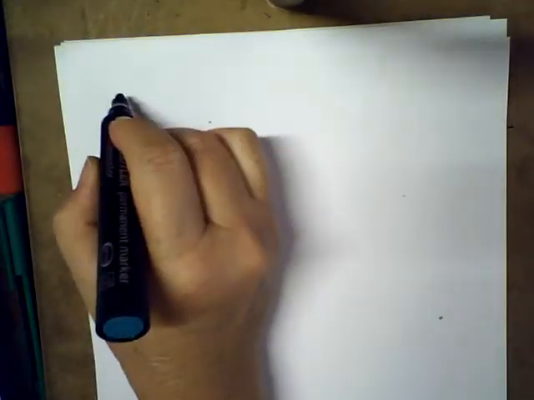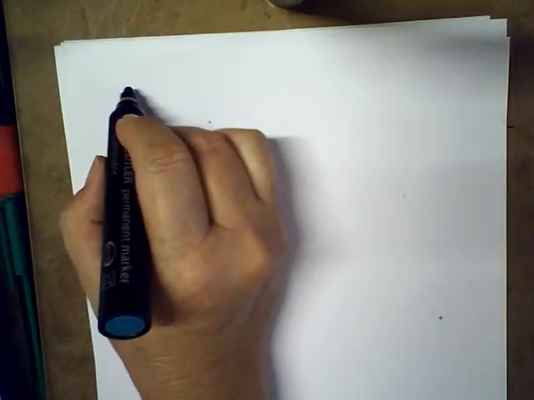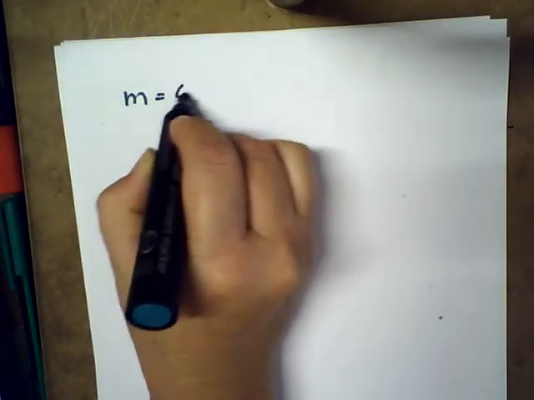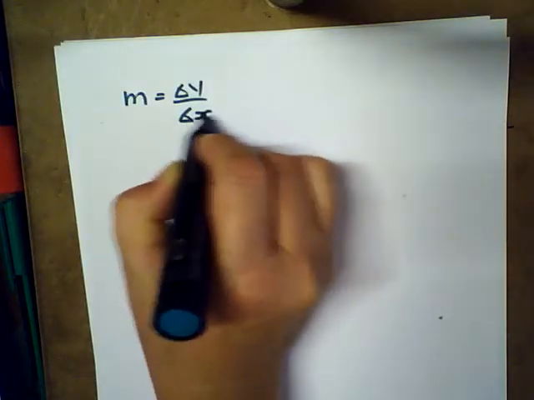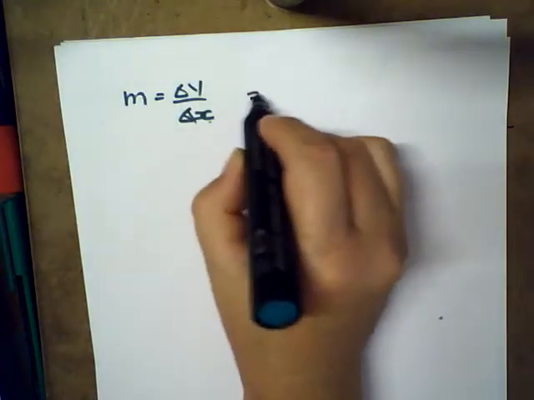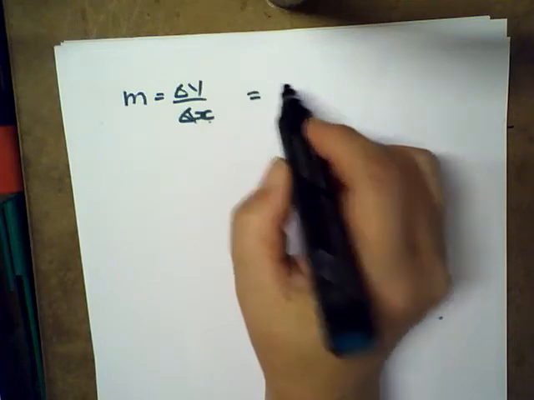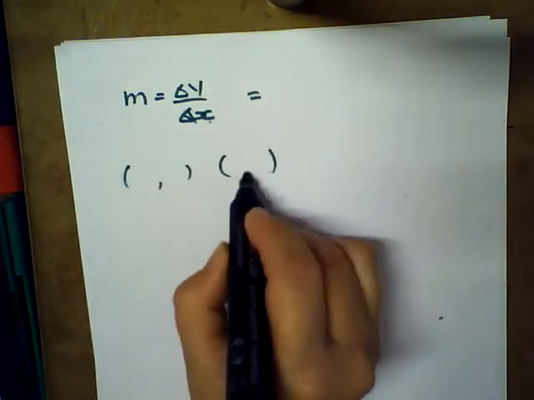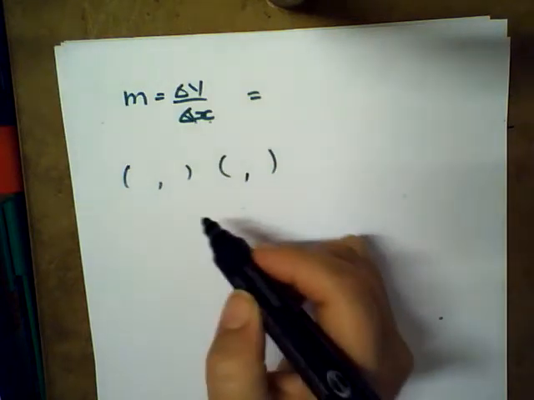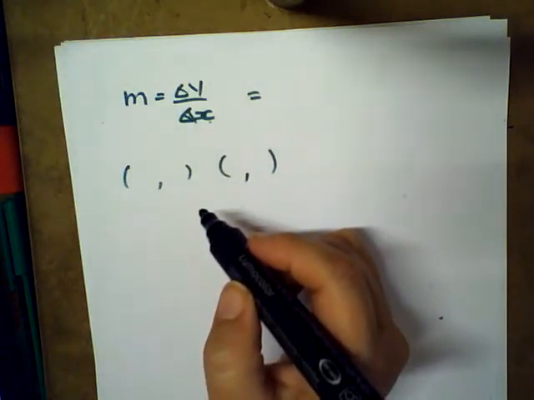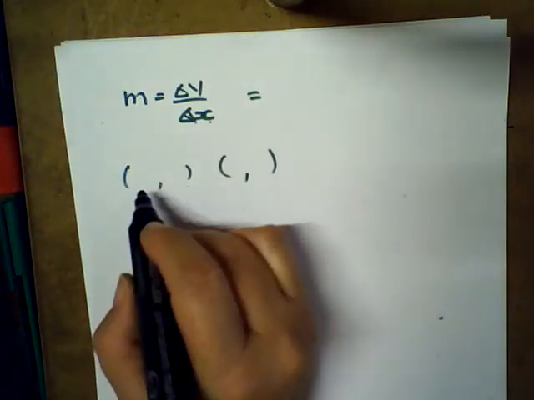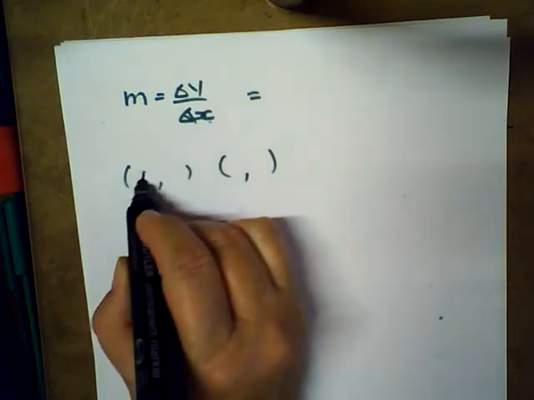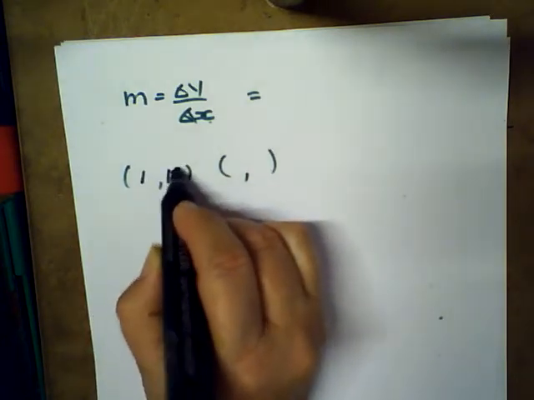Okay, so I know that gradient is delta y over delta x. So I need to write down 2 points from that tangent line, and if I do that I get a point 1 and 15.